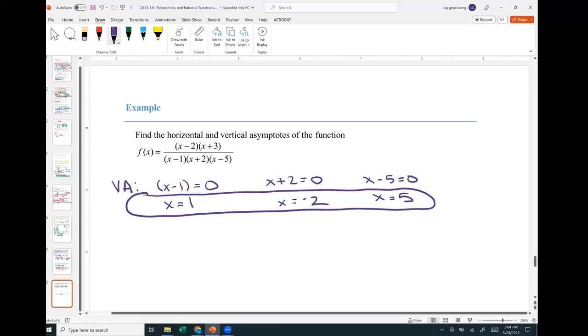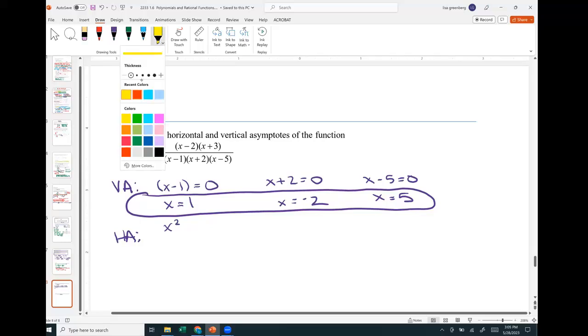Find the horizontal asymptotes. If I were to multiply those two factors at the top together, I would have a leading term of x squared. I don't care about the rest. Here's a really easy way to do it. Get rid of all the pluses and minuses.